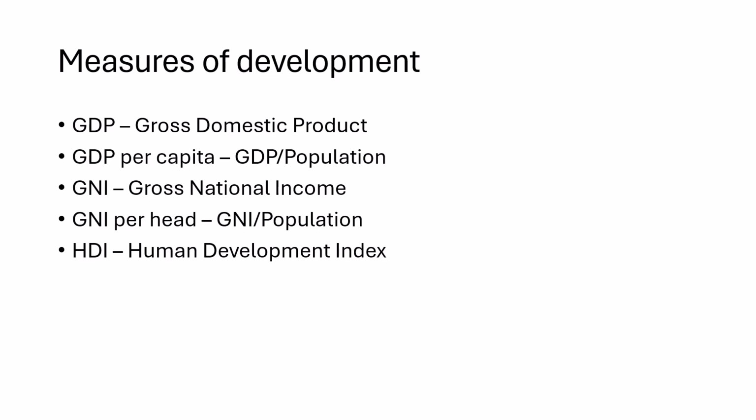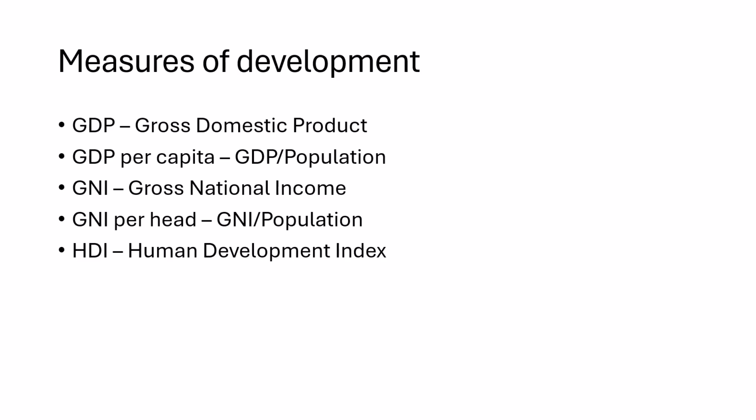GDP per capita is just GDP over population, and this basically assigns an average amount of income earned by a person in a country. However, like with GDP, it's not entirely accurate because some people would be adding to it quite a lot, but some wouldn't be due to wealth disparity. You also have GNI, which is the gross national income, and this basically assesses the GDP, but it also adds in people that are sending money from other countries to here.